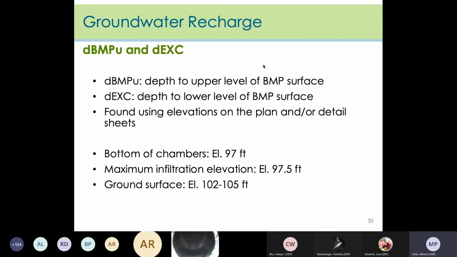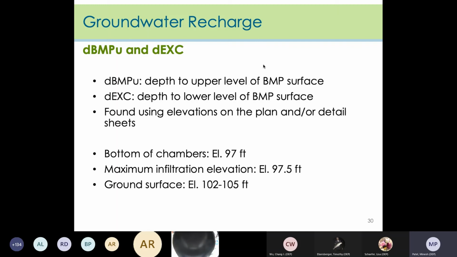Here you have the bottom of the chamber at 97, the maximum infiltration elevation at 97.5 feet. And since this basin is underground, the ground surface elevation is going to be above it. And it ranges from 102 feet to 105 feet, depending on where you actually are at.